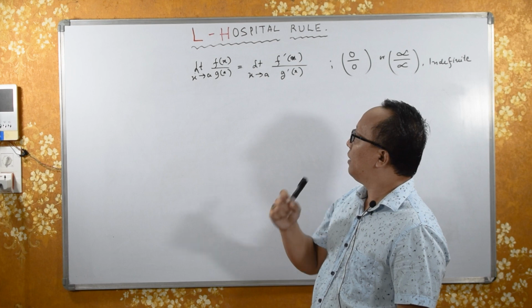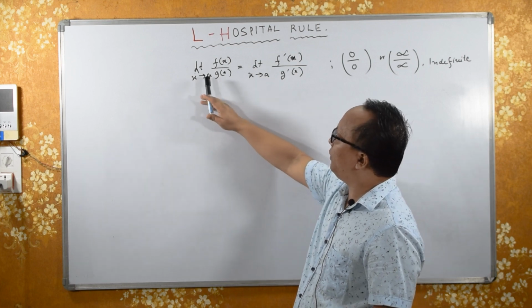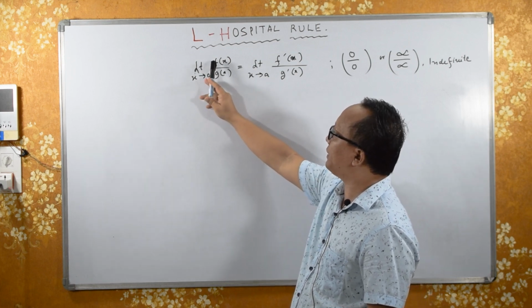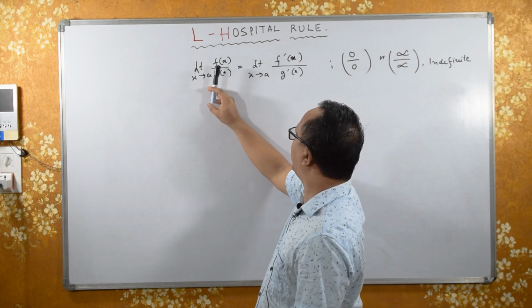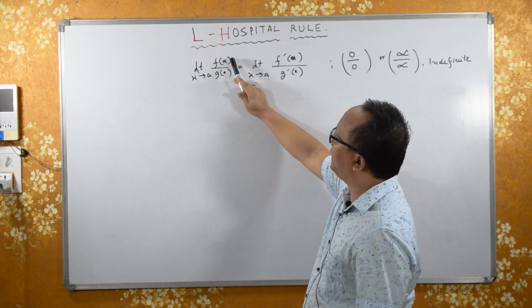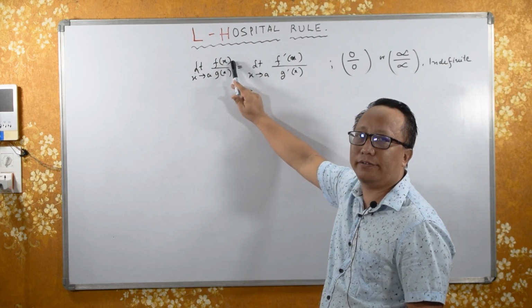In L'Hôpital's rule we have the limit of f(x) upon g(x), where x tends to a. These f(x) and g(x) should be differentiable.